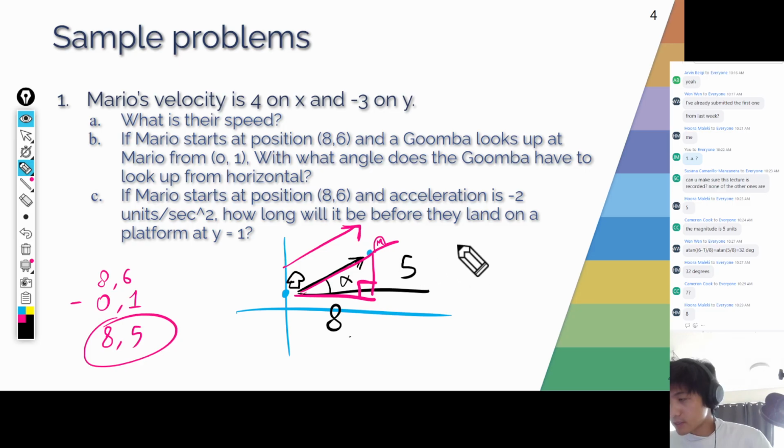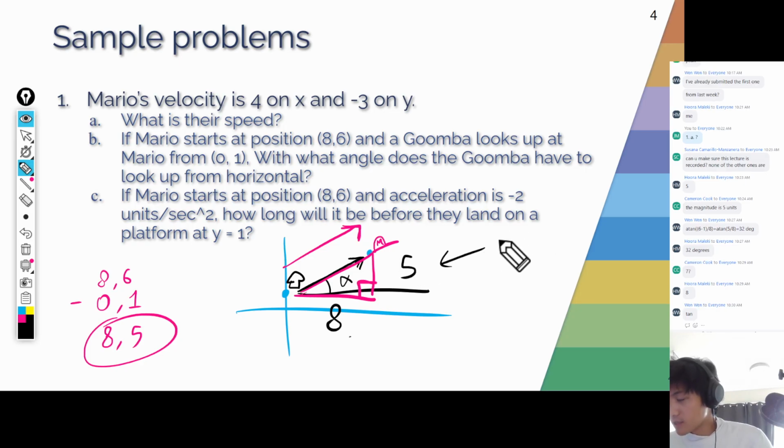I could rephrase it. This is the opposite side. This is the adjacent side. Adjacent to the angle. And this is opposite to that angle. And this long side here would be the hypotenuse. But we don't really need that. We can get it, but we don't really need it if we have these two already.